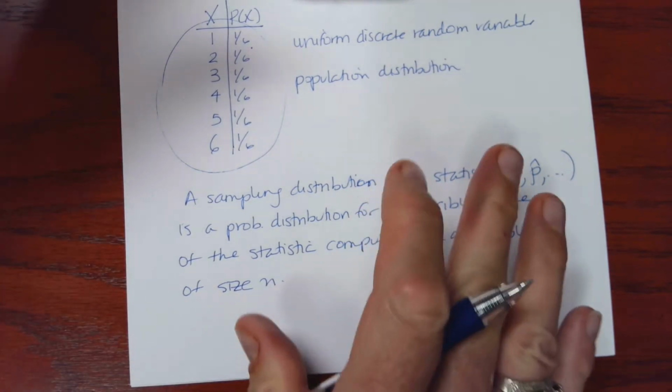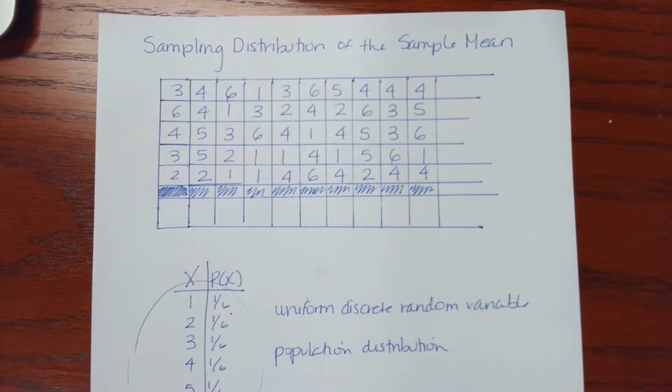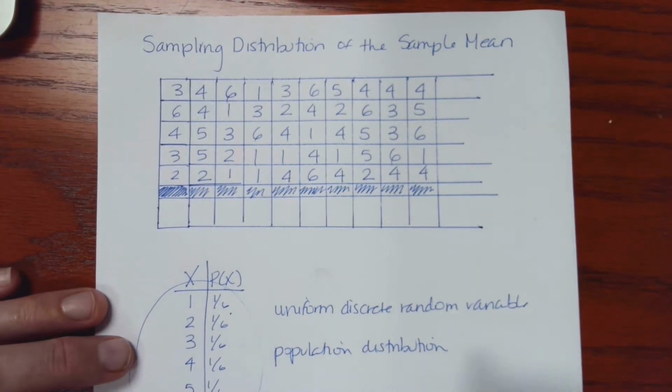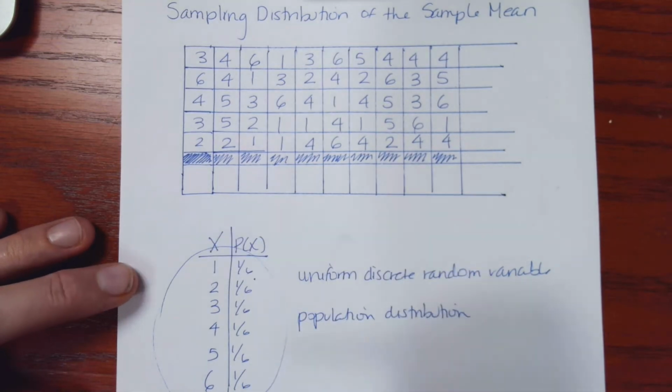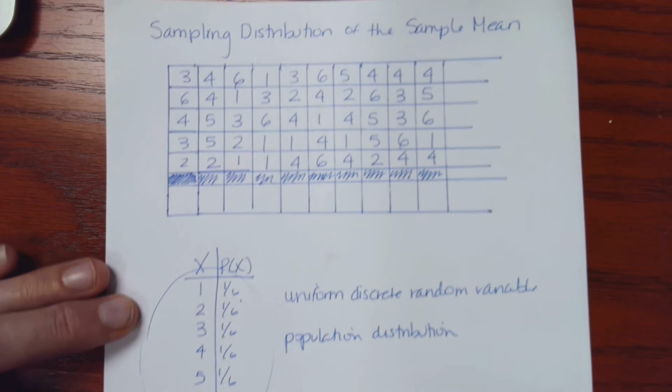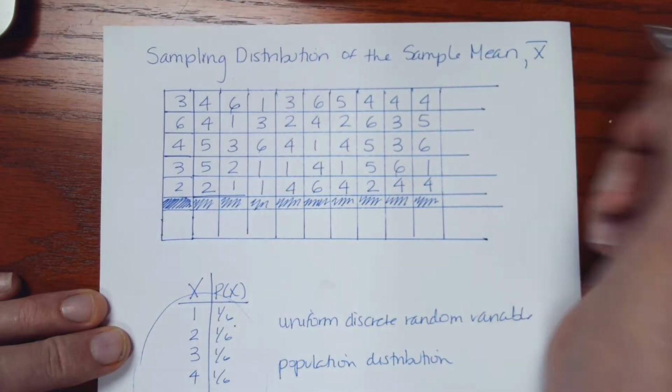So I'm going to go back to my initial table here and see if this helps us distinguish between the population distribution, which is what we have pictured in this table, and what we mean by a sampling distribution. So I'm going to focus on the sampling distribution of the sample mean, which would be x bar.